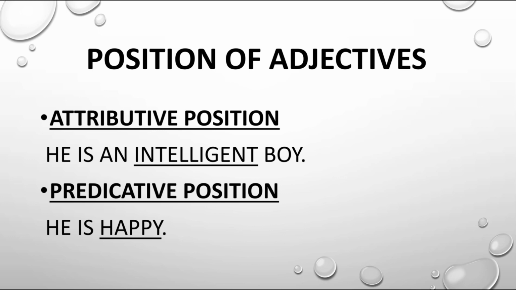Now read the next example. He is happy. In this, happy is used along with the verb is. Here is is the verb, and the adjective is used along with the verb and forms part of the predicate.